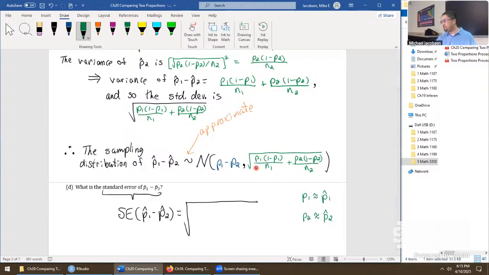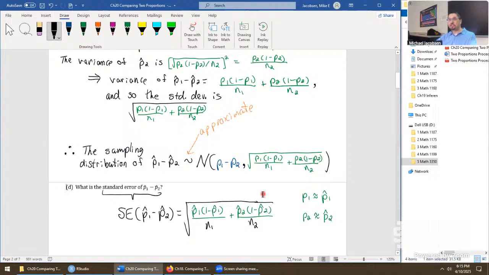So back over here, it's p hat 1 times 1 minus p hat 1, divided by N1, plus p hat 2 times 1 minus p hat 2, divided by N2. And let me make a small change in the color coding. Last step was more about the estimate, so let me put the sample sizes in black. And that's our standard error.